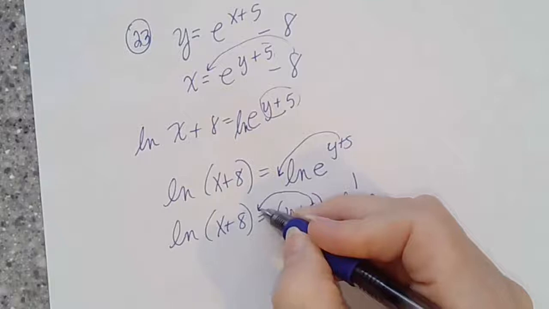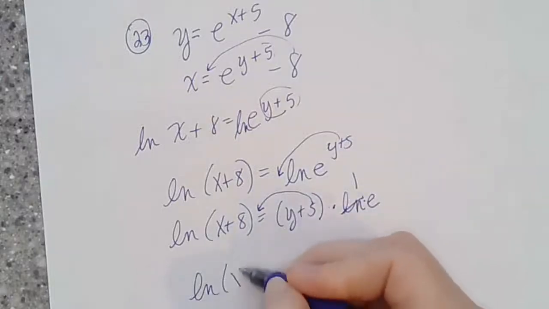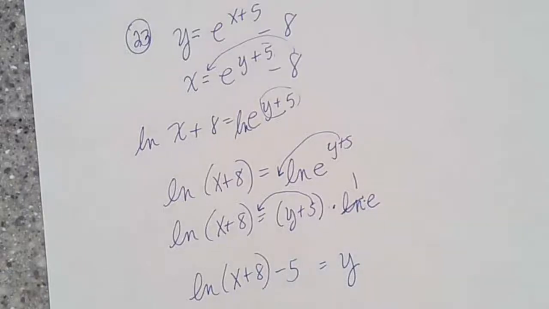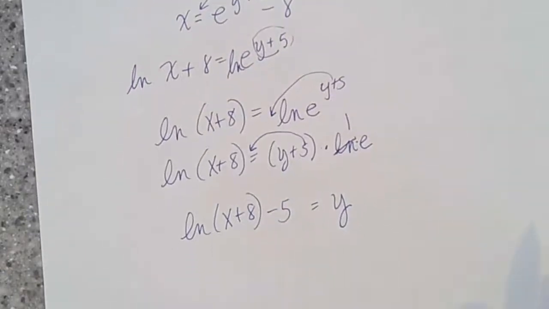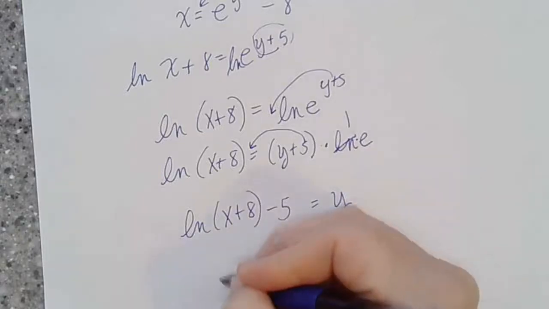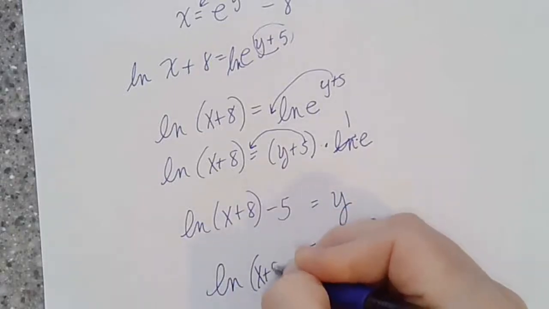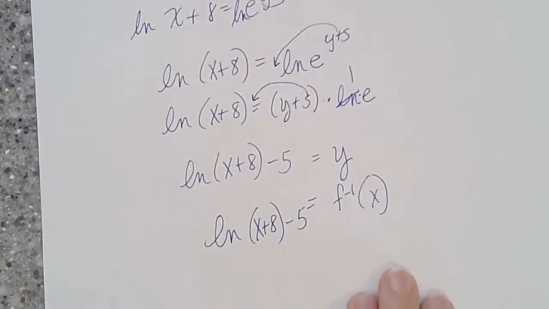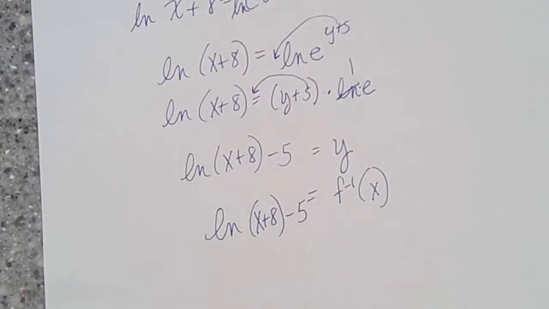Y equals, which we'll write as inverse function, f inverse of x equals. And then we can look at that graph to see domain and range, how that's been shifted. You know, the regular log graph without shifting goes through 1, 0.